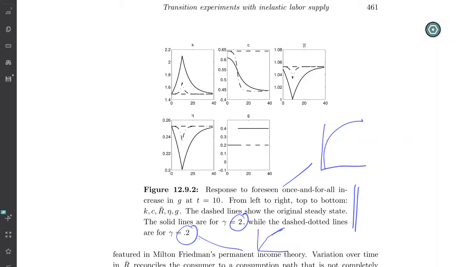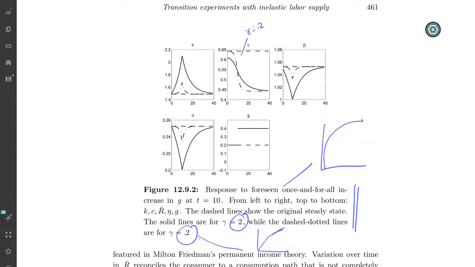So look what happens. He cares less, so he does less of it. That's gamma equals 0.2. And this looks a lot more like the picture that I drew that said it was feasible to do it, but the society chose not to do it. And now you'll see capital accumulates much less, and there's less of an effective interest rate.